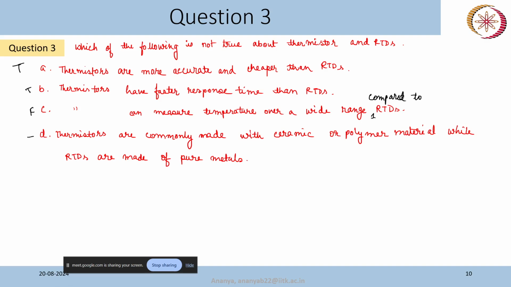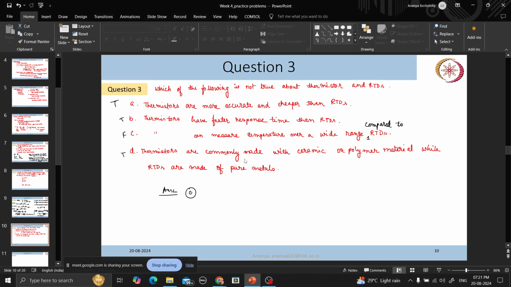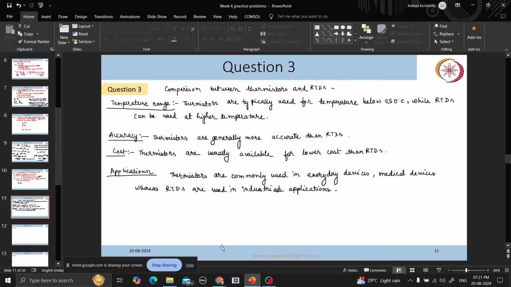So this is true. So our answer is C. Thermistors can measure temperature over a wide range compared to RTDs. I hope it is clear, and we can move to the next question.